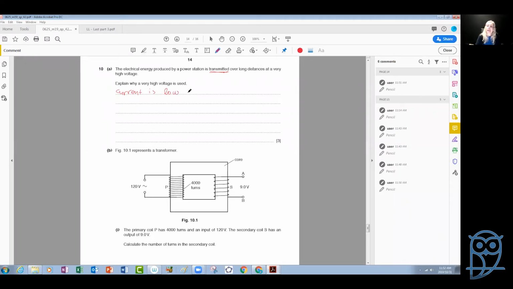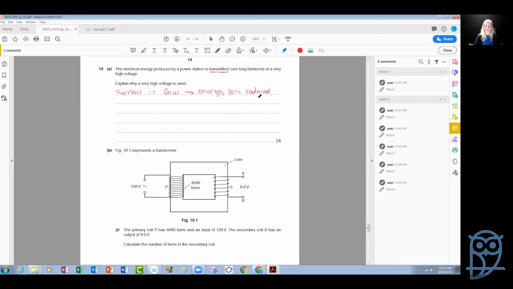If the current is low, the wires don't heat up a lot, or heat up very little, which means we decrease the loss of energy to the surroundings by heating. So the current is low, therefore the energy loss is reduced.